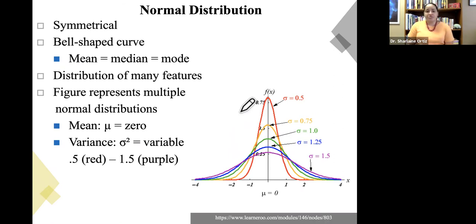One of the things to mention is that a normal distribution is symmetrical, right? What do I mean?